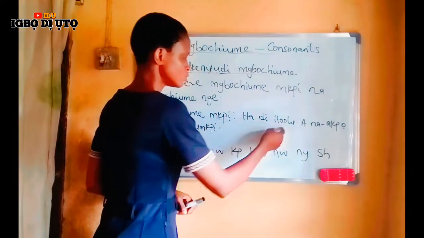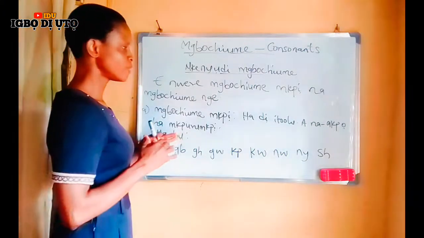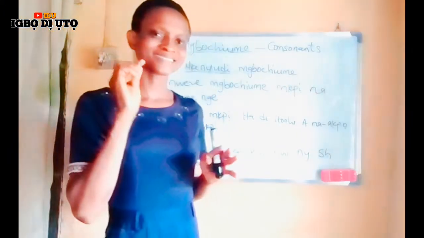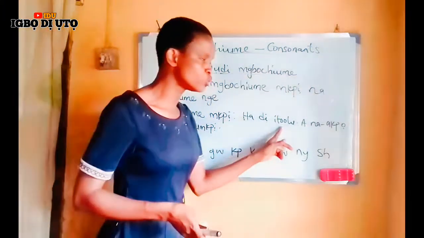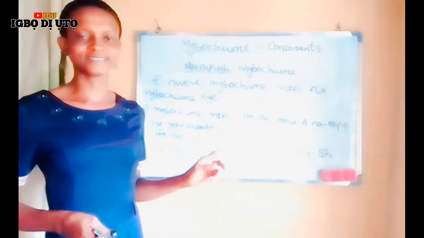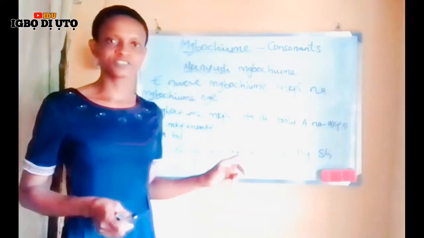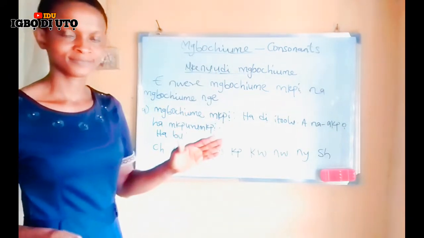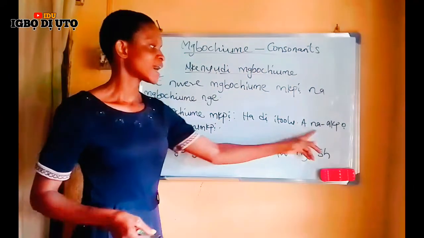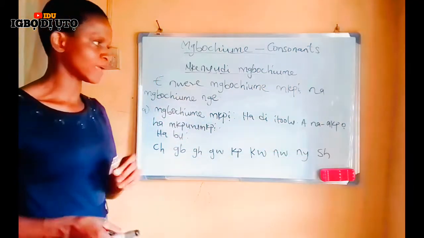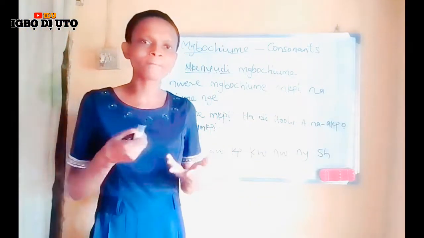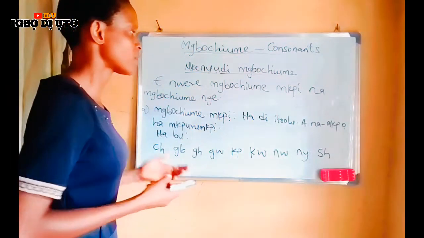Ha dị itoolu. So this mgbochiume mkpị we are talking about is 9 in number. That is what itoolu means in Igbo. In English, itoolu is 9. A na-akpọ ha mkpụrụ mkpị. So if you are asked, kedu ife mere eji akpọ ha mkpụrụ mkpị?